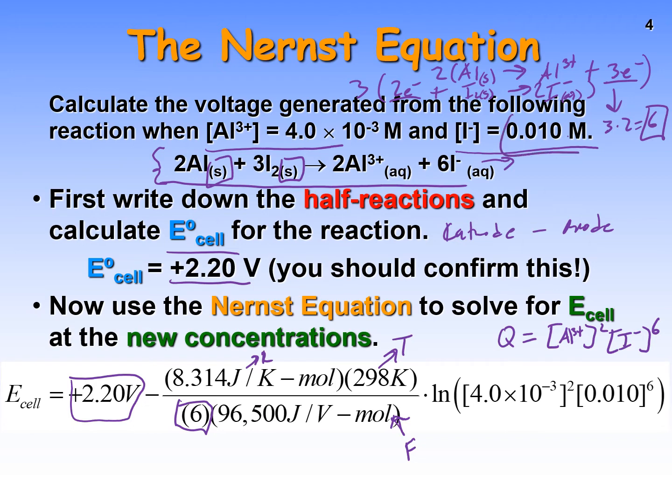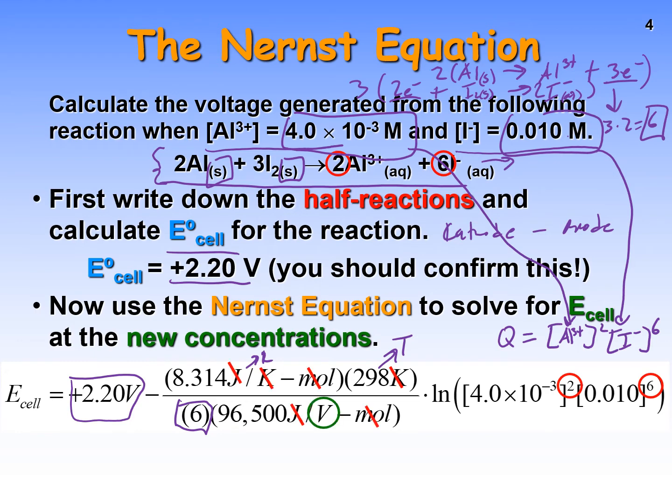And we're given I minus's concentration, so that just goes there. And we're given aluminum's concentration, so that just goes here, as you can see here and here. At the end of the day, now this is just a plug into the calculator and solve for the value. So if we do that out, we get volts, and our E cell is 2.36 volts.